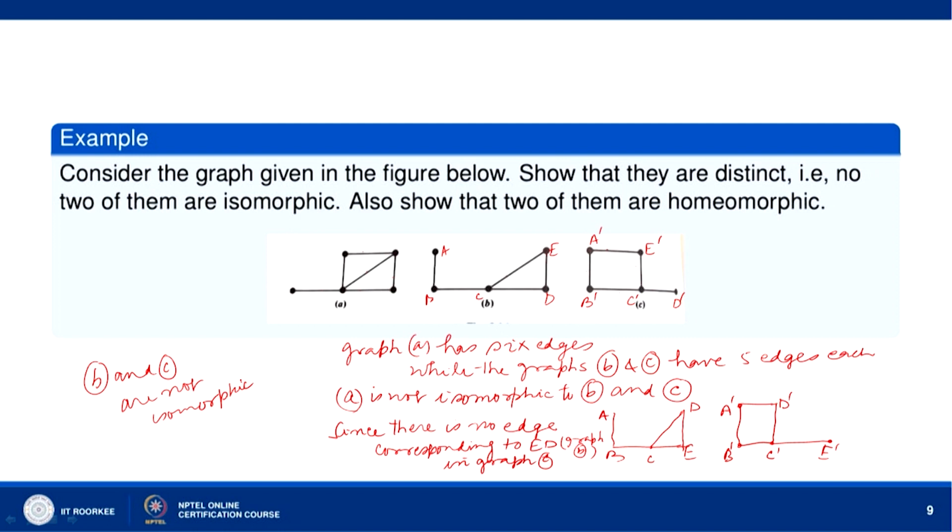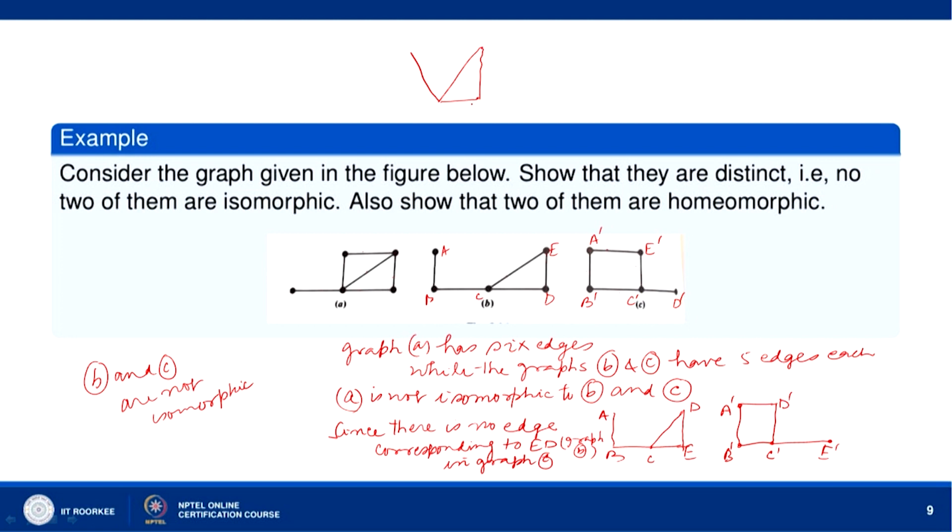Okay. But let us show that two of them are homeomorphic. Let us see, we can see that B and C can be obtained. Let us consider these graphs. This one graph.